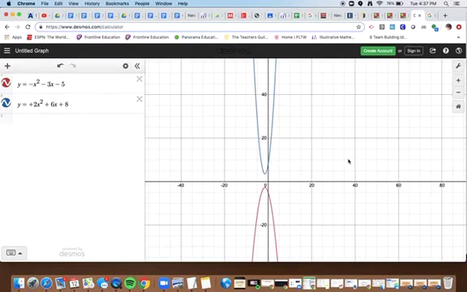Parabolas are really interesting things. They model the way things travel and are affected by gravity, and a lot of other interesting things. So I hope you're finding this at least somewhat interesting. This is our no roots, and you should be all good now to get cracking on the homework.